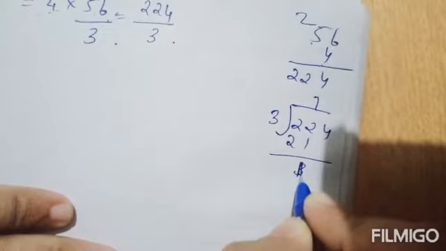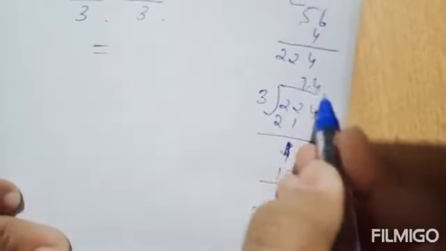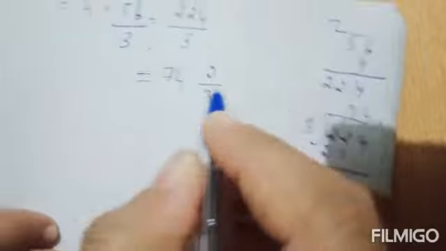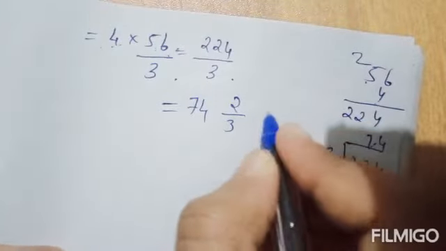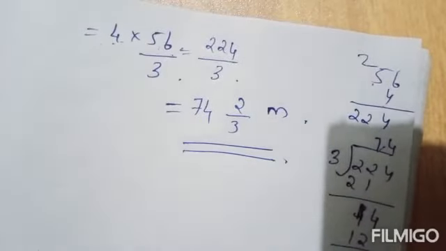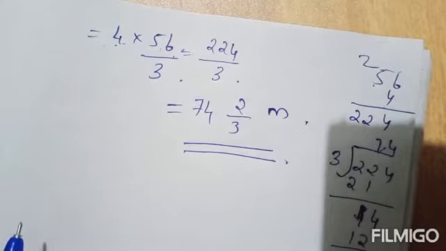Here 14. 3 into 4 12. 2 you will get. Okay. So how you can write this in mixed fraction? 74 2/3. Unit will be meter. 74 2/3 meter. This is the perimeter of square whose side is 18 2/3 meter.